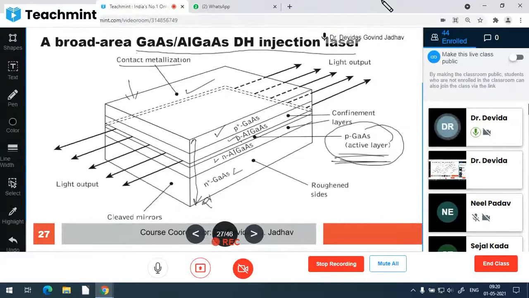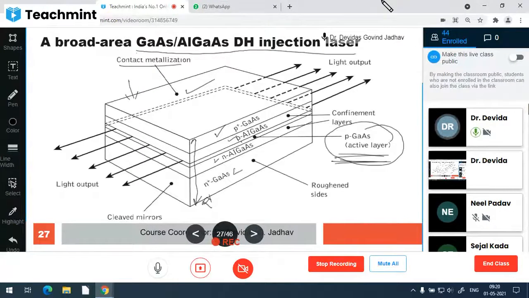N plus and N, what is the difference? N is the lower impurity concentration material. N plus is dense impurity concentration material. That makes very large electron, charge particle density. N plus has a higher charge particle density than N material.